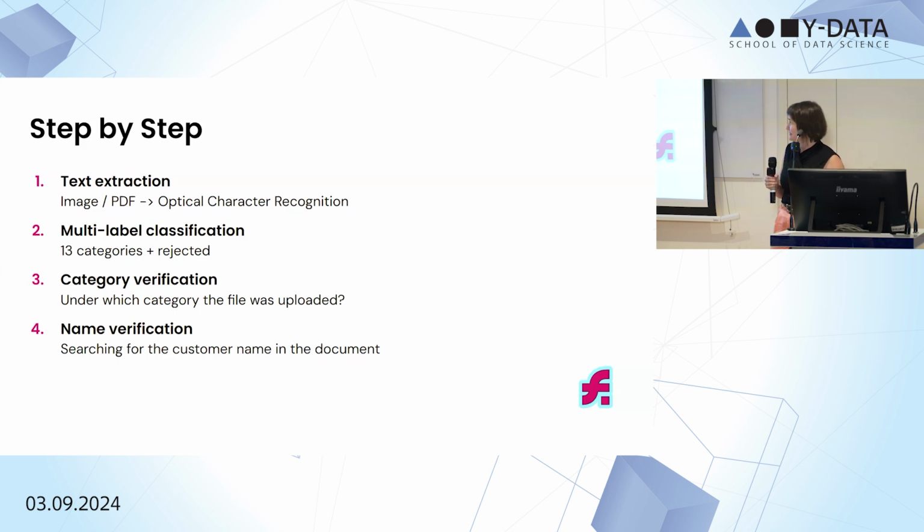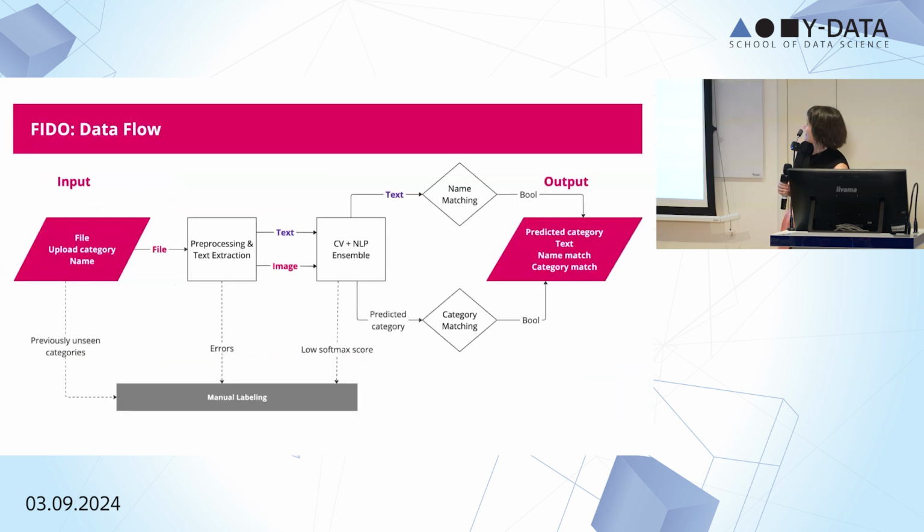So 4 very simple steps, right? And this big and scary schema is basically the same 4 steps, just when we add a little more detail, a little more explanation to every step. So I think I'm gonna skip this slide. Just trust me that these are the same 4 steps.